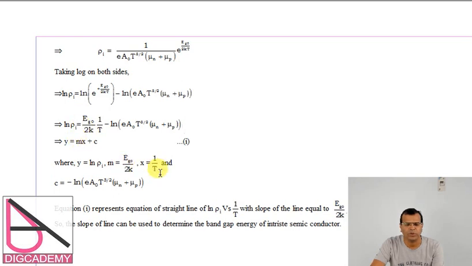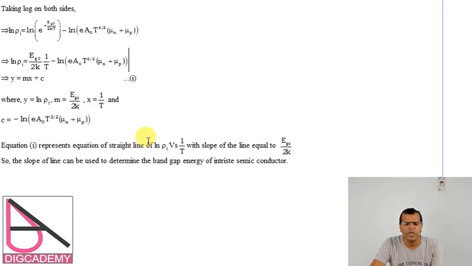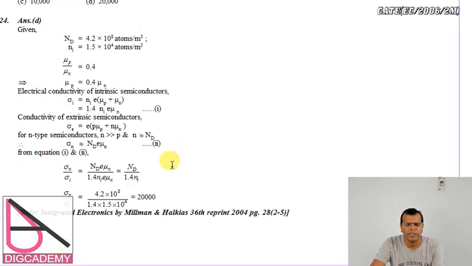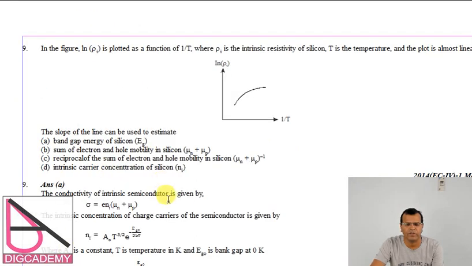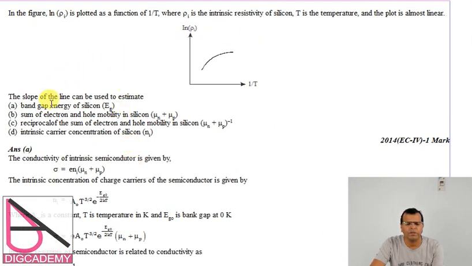So it means that the curve can be used to find the slope of the line. What I mean to say is, you can use this curve to determine the slope, and the slope of this curve can be used to determine the band gap energy.